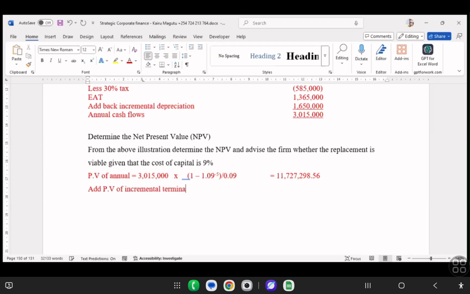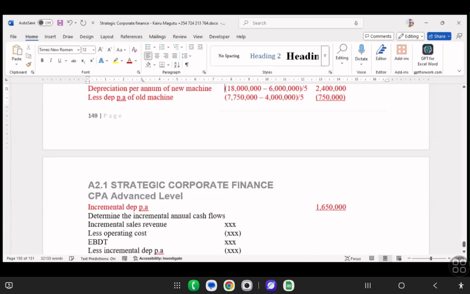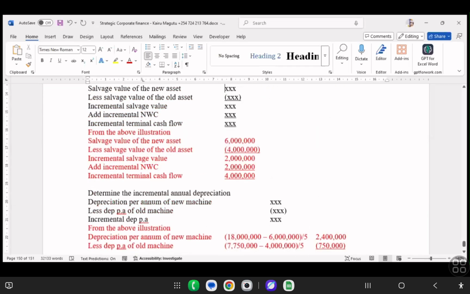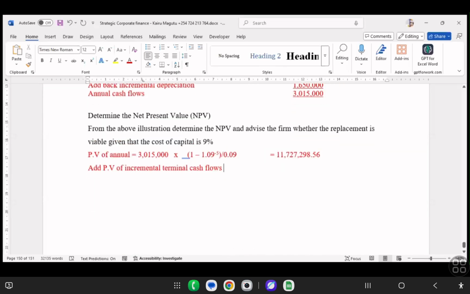Incremental terminal cash flow. We computed the incremental terminal cash flow. Incremental terminal cash flow, 4 million. This one we discount at 1.09 power negative 5 years.